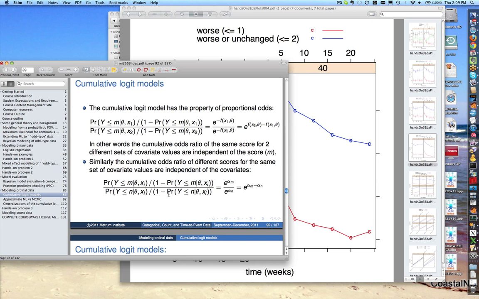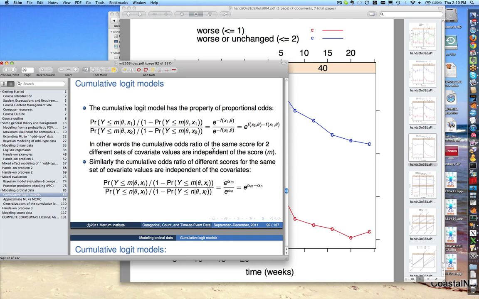And this slide described a couple of the consequences of assuming proportional odds, and it is an assumption in this case.